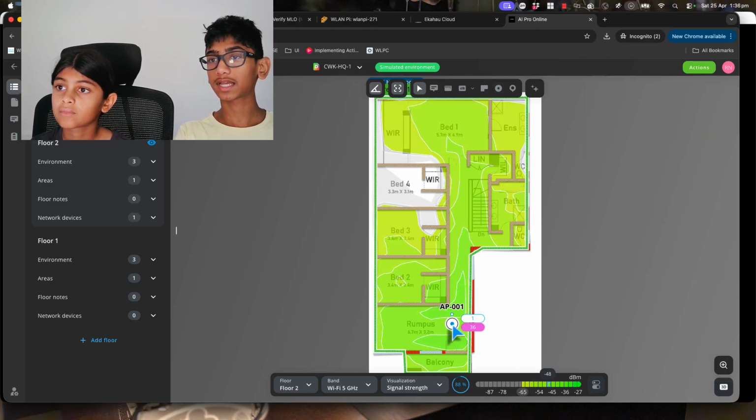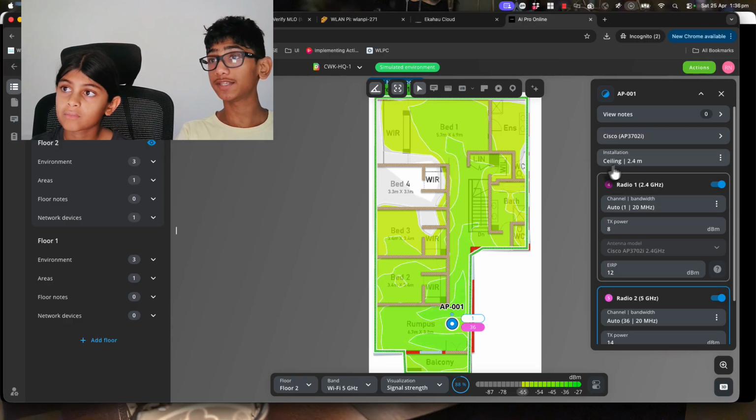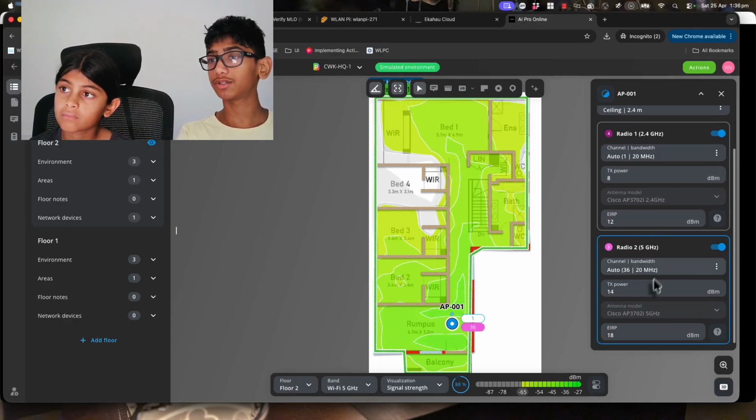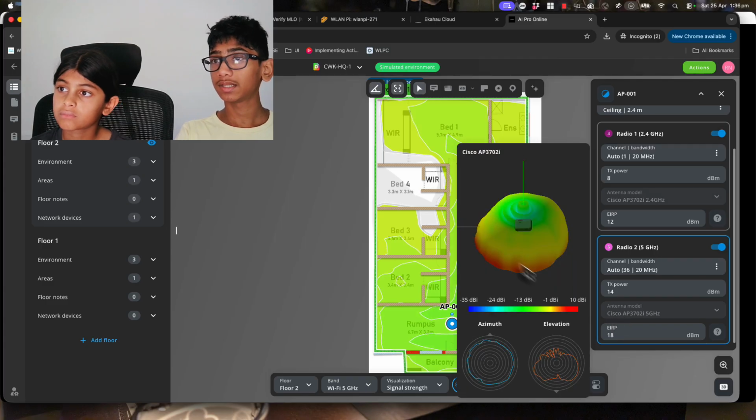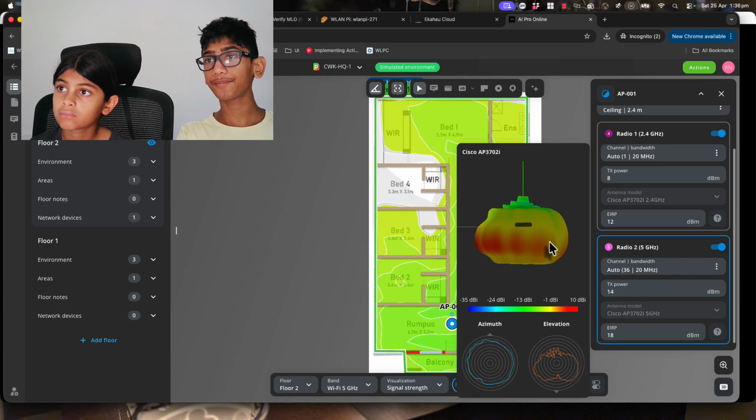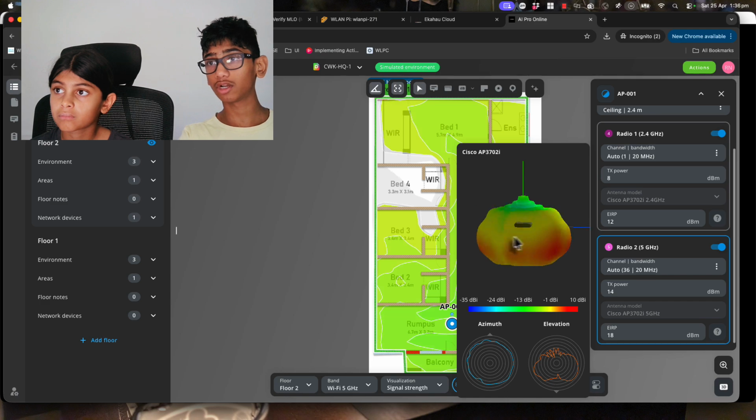if we click on the access point, you can see that it is mounted onto the ceiling right now. And if we just show you the antenna, you can see that it's mounted on the ceiling horizontally like that. And this is the signal. The red is where the signal is actually the strongest.